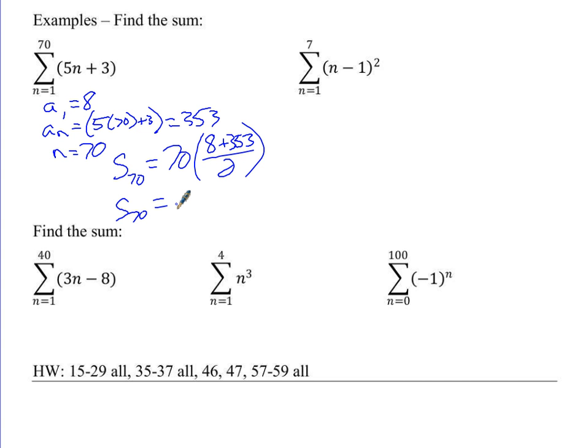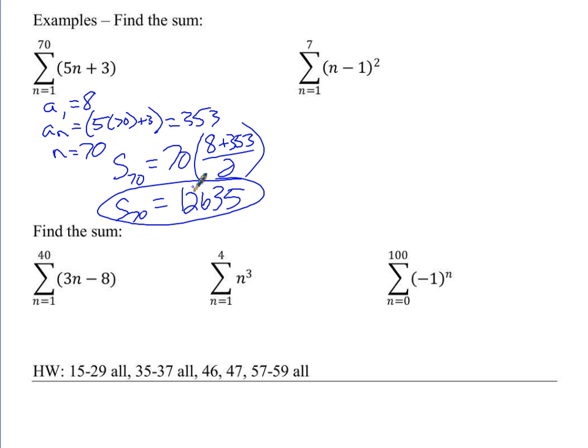I just want the answer. It winds up being 35 times 361. What do you get? 12,635. So if you were to sit there and write out all 70 of those terms and then add them all together, you'd wind up with 12,635 as your answer.